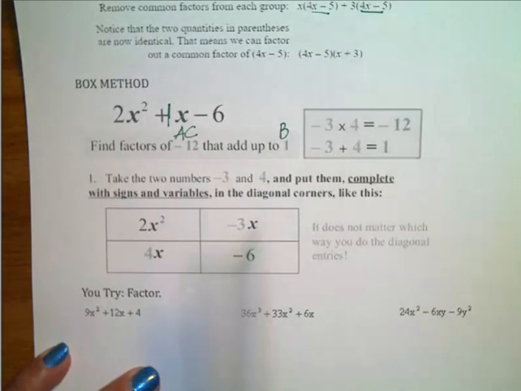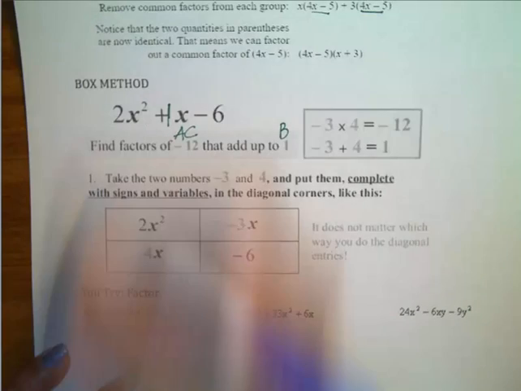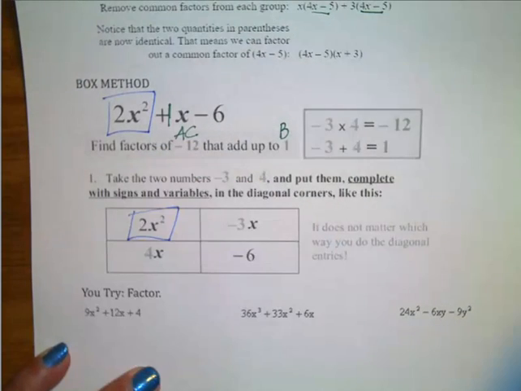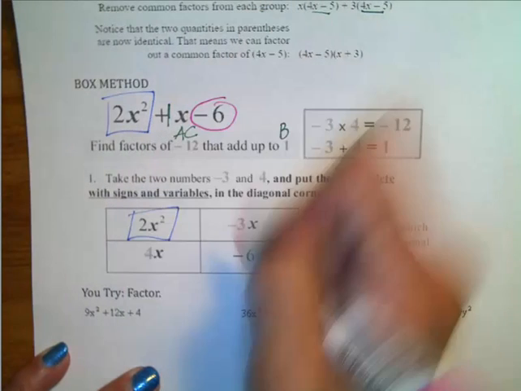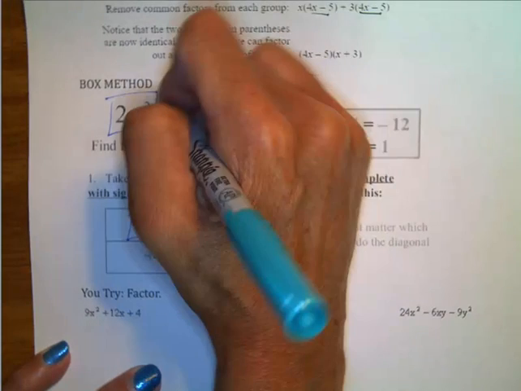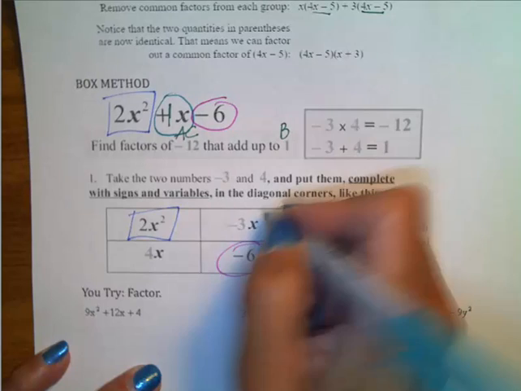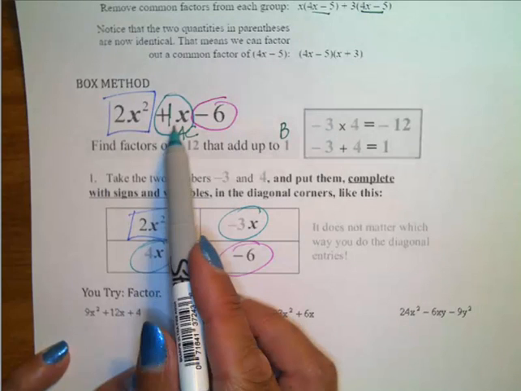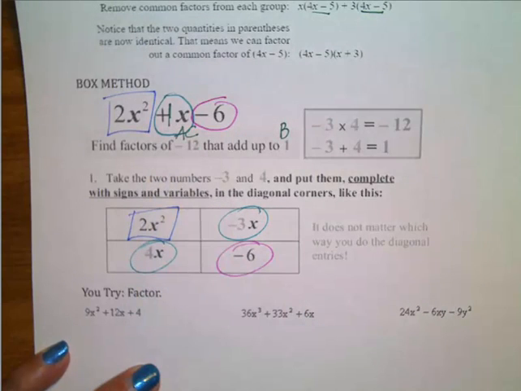So the first term always goes in the first box. The last term always goes in the last box. Then that split the middle, so this piece right here is what turns into those. Okay, so 4x minus 3x is 1x. I split it into 2 terms still.